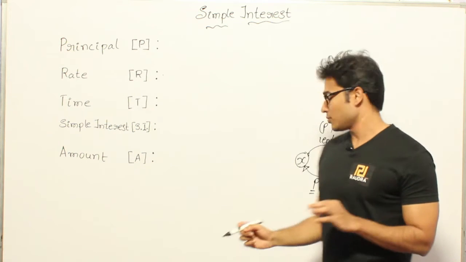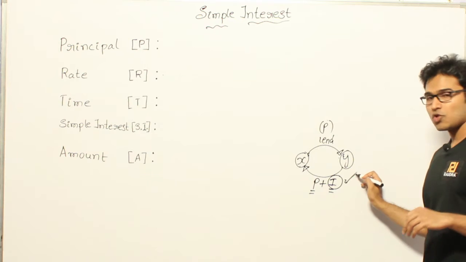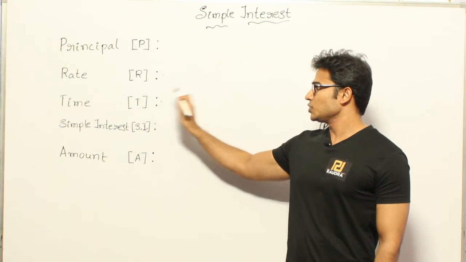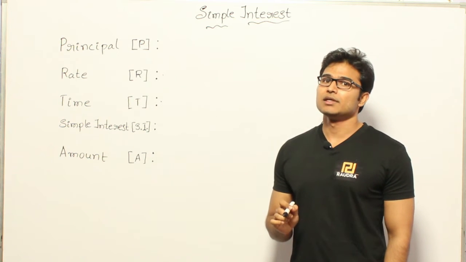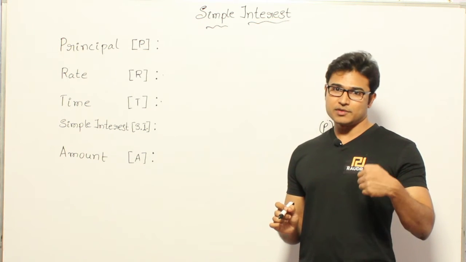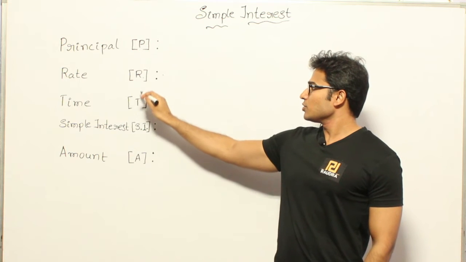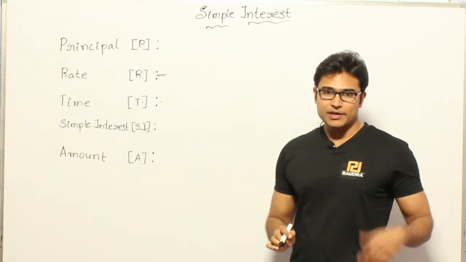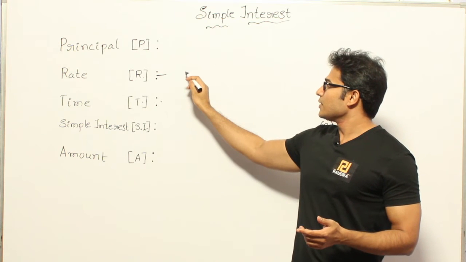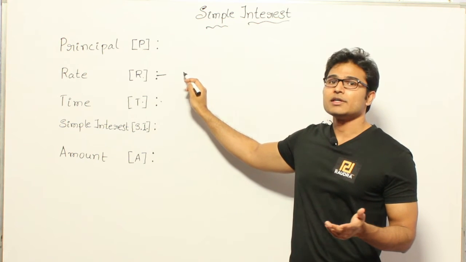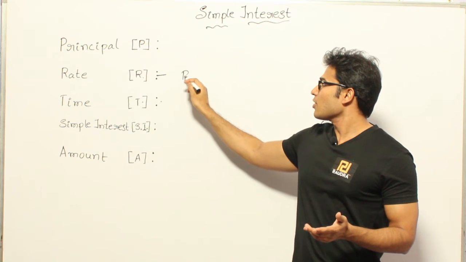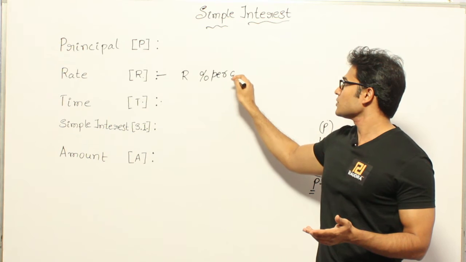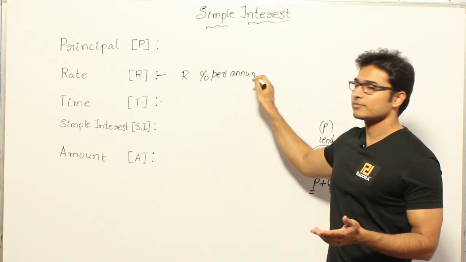And also you are supposed to get more interest or more profit if you are going to invest it for a long time. So the time for which you invested is going to be T. Now what is the total profit percentage? Here you are going to use R into T. So let us assume that the interest per annum you are getting is R percent per annum, which means every year you are supposed to get this much profit.